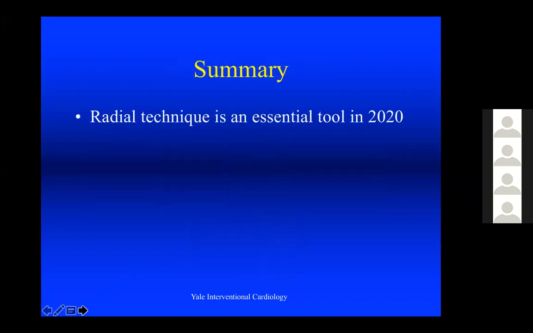I'm just going to say that it's really essential. You have to, in the current era, be able to do both radial and femoral access. And I'll go over the data why we favor radial access so much in my next talk. There is a learning curve both to doing the access and getting the catheters to sit in the coronaries.